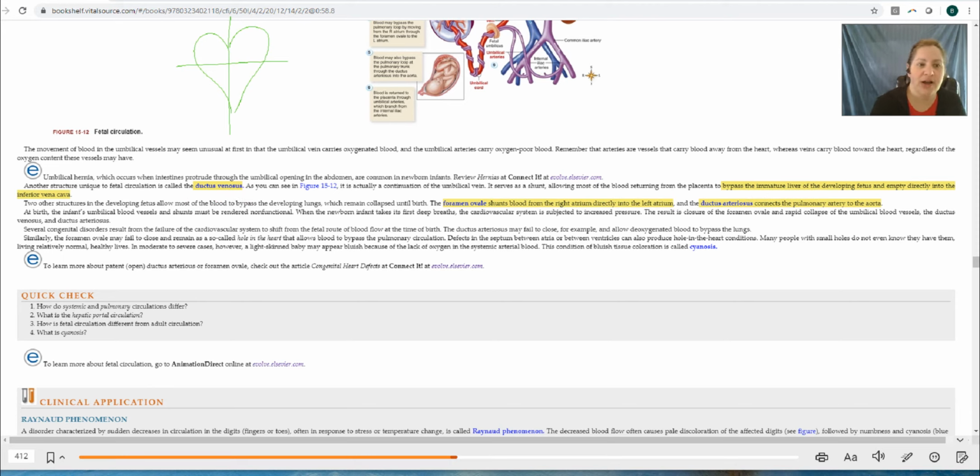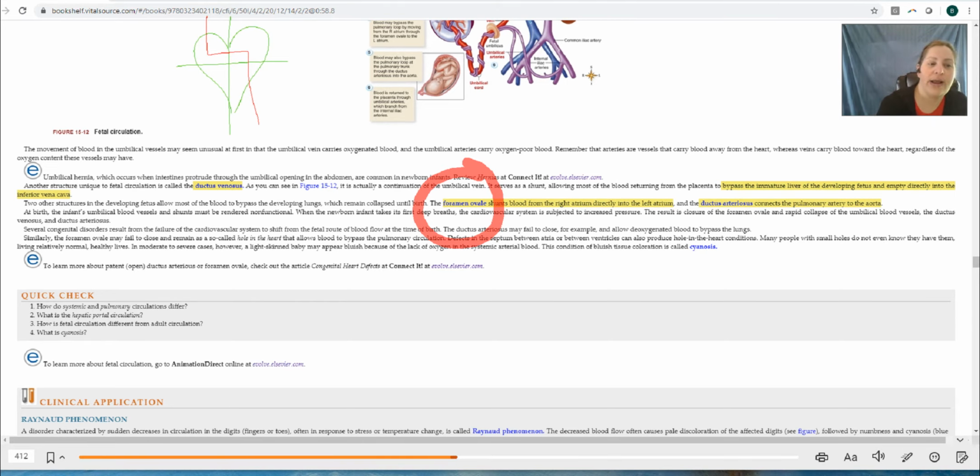The next structure is called a foramen ovale. This shunts the blood from the right atrium to the left atrium. Okay? What this does is the blood comes in, goes over, and goes out. It doesn't work that way in us.